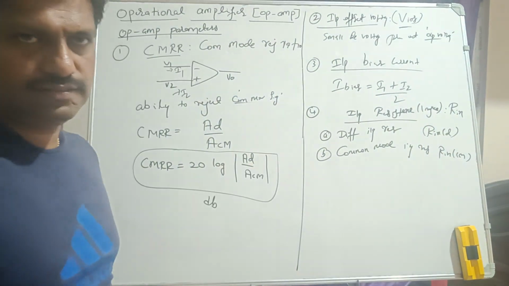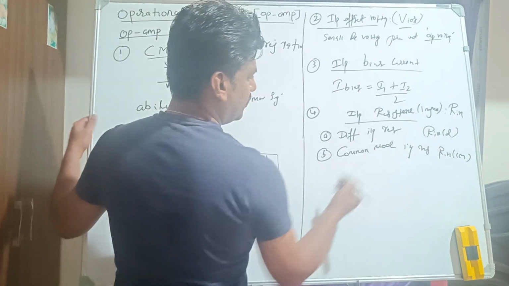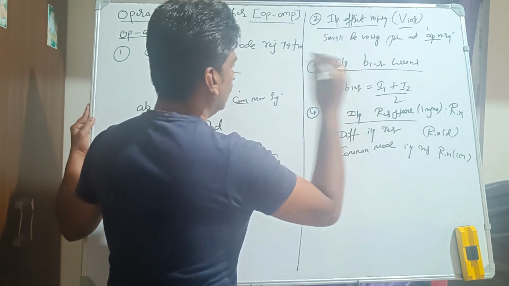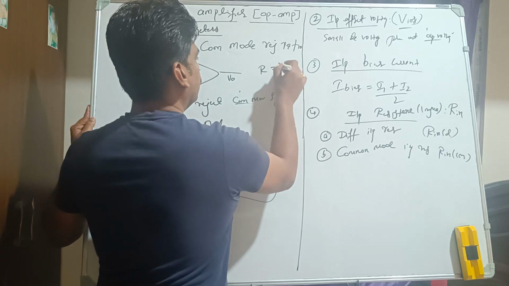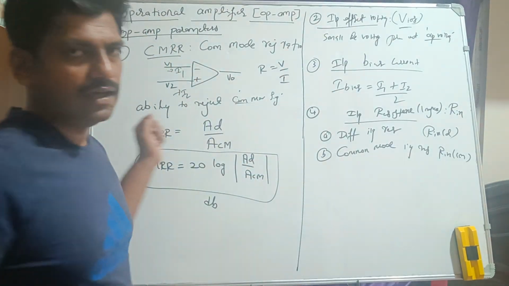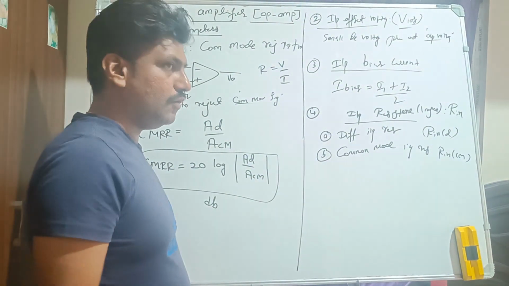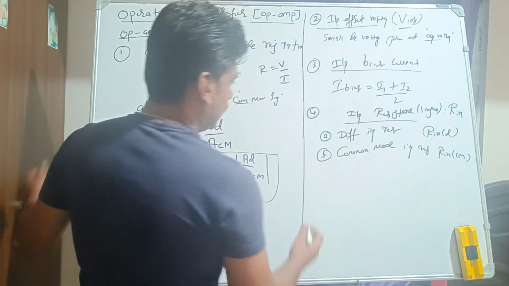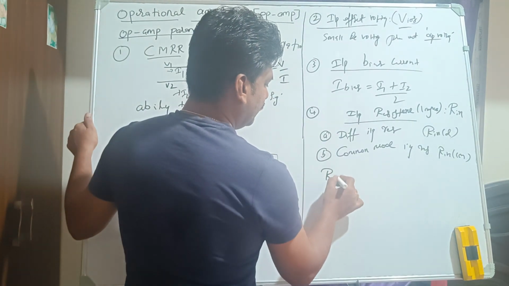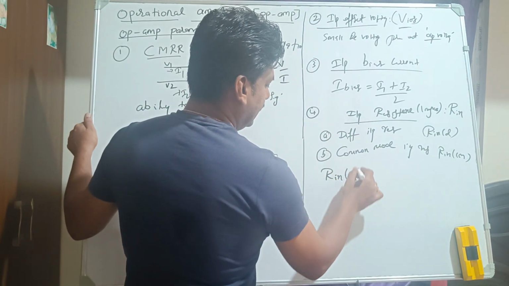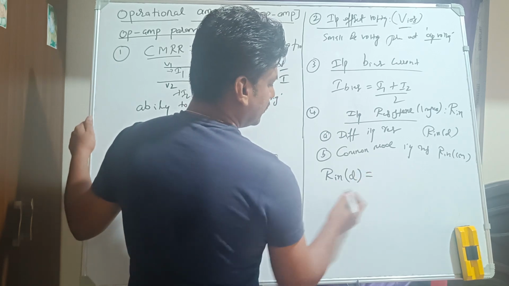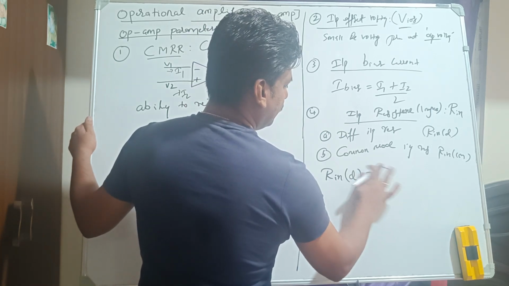We should define these resistances. For differential input resistance or common mode input resistance, we have only one formula. What is the formula? It is R equals V by I, that is Ohm's law. If I want to write the differential resistance R in D, it is with respect to a difference.